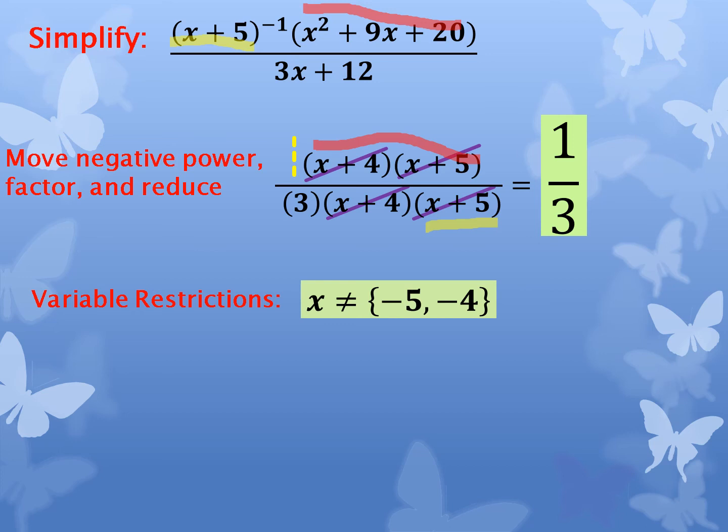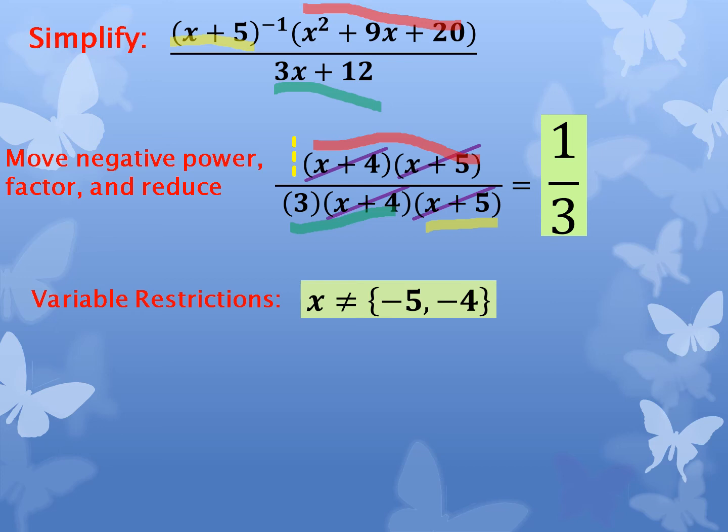And then, last but not least, 3x plus 12 got factored, and it was factored into 3 times x plus 4. Then we crossed out our common factors, and that left us with a 1 on top, a 3 on the bottom. Therefore, when we simplify this rational expression, it becomes 1/3.